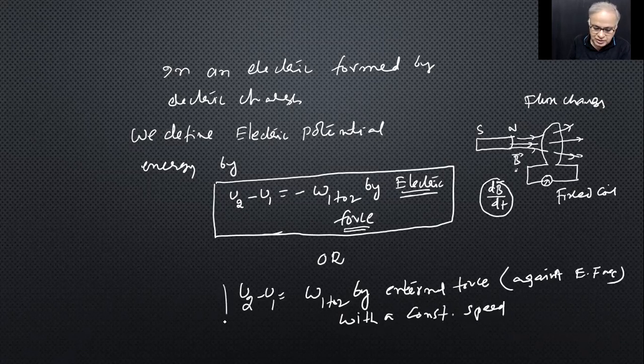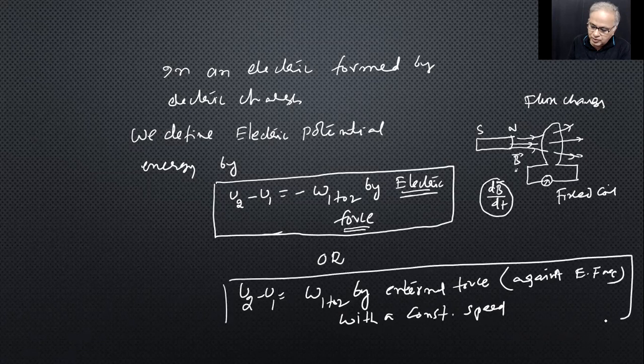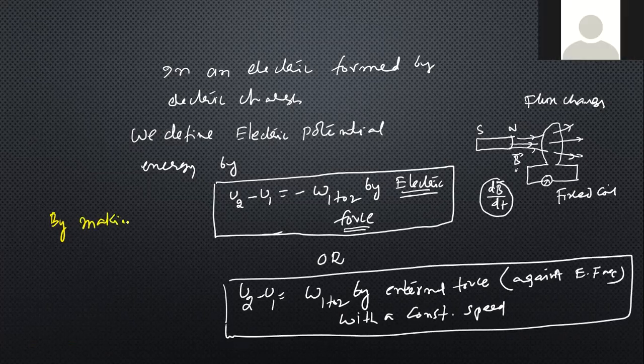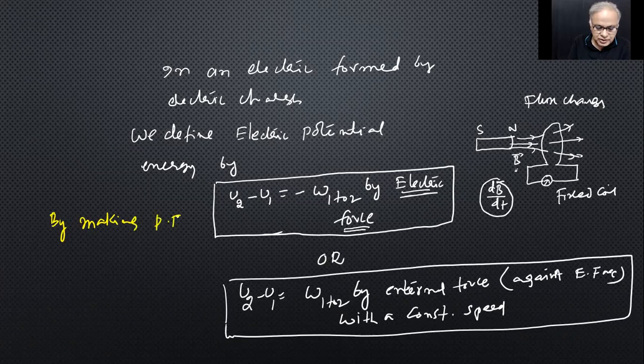So this is the way we define potential energy in an electric field. And we say, by making U2 equal to 0, or potential energy at a point 0, at a reference point 0.